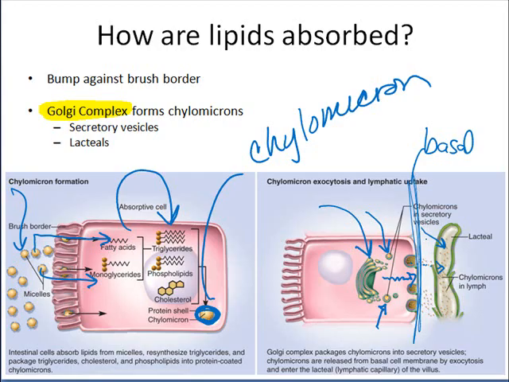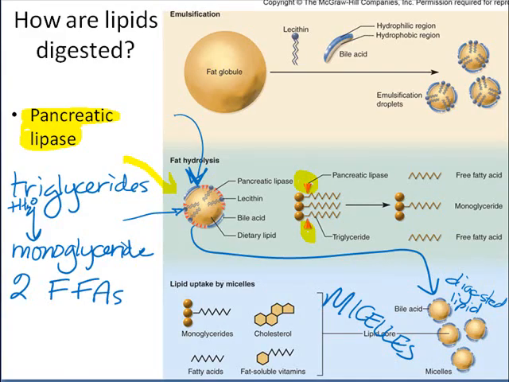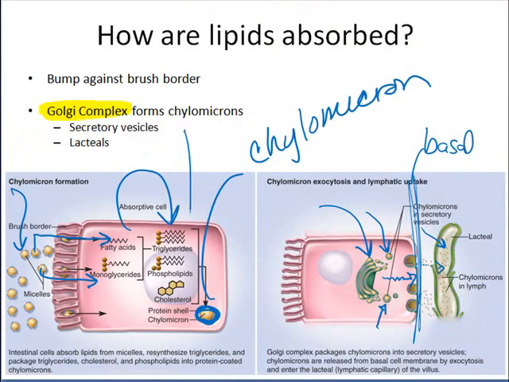Now you might be wondering, why the heck would we go to all the trouble in the previous slide of having pancreatic lipase break apart triglycerides into a monoglyceride and two free fatty acids if we're only going to just turn around and inside of these intestinal cells we're going to remake the triglyceride? And the answer to that is this.